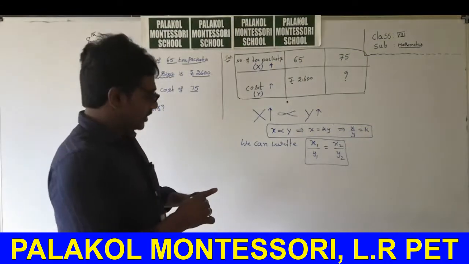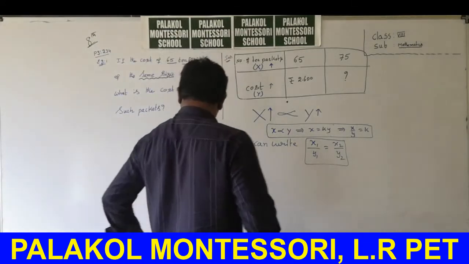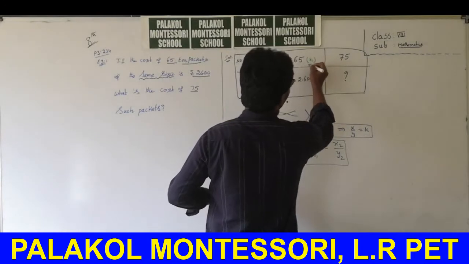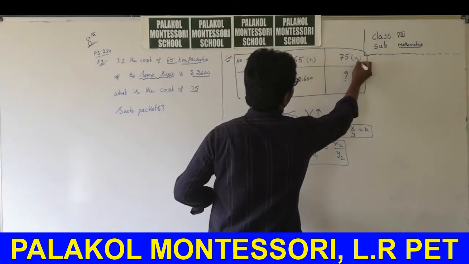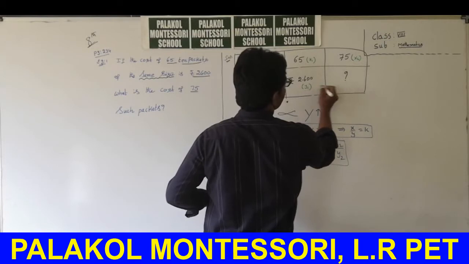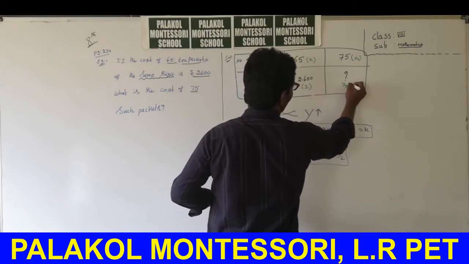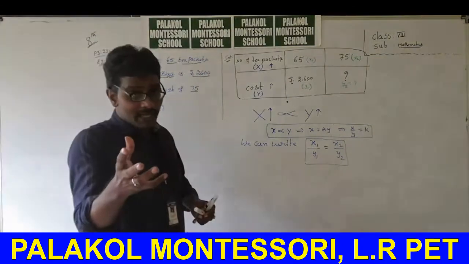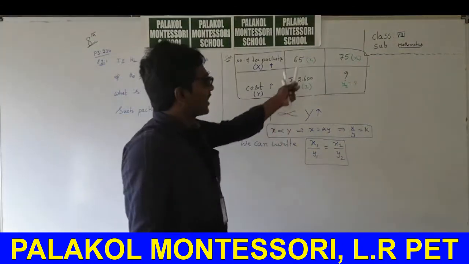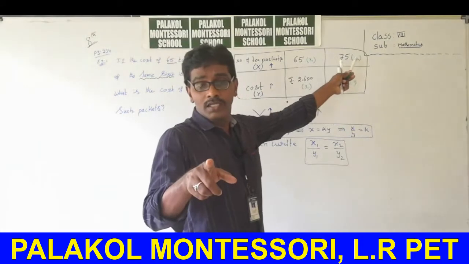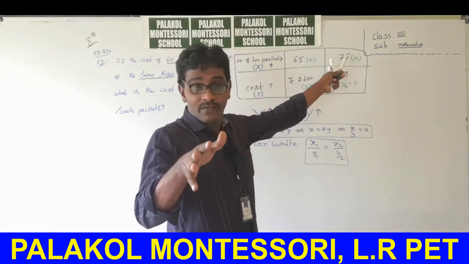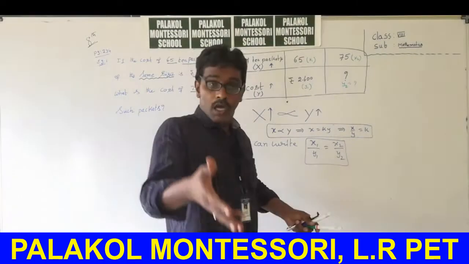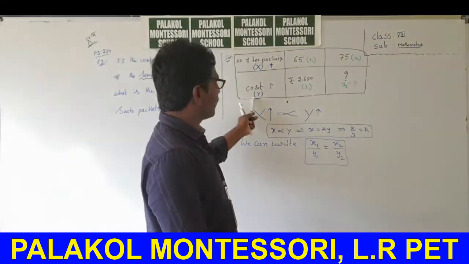Okay, is it clear? Now see, in this, x1 is 65, this is x2, this is y1, this is y2. y2 is the question mark. x1 and x2 are corresponding values of x. y1 and y2 are corresponding values of y.